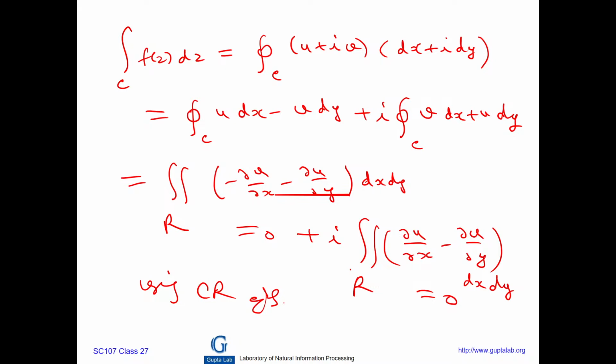Cauchy-Goursat theorem, which is basically the removal of the condition that the derivative is continuous.